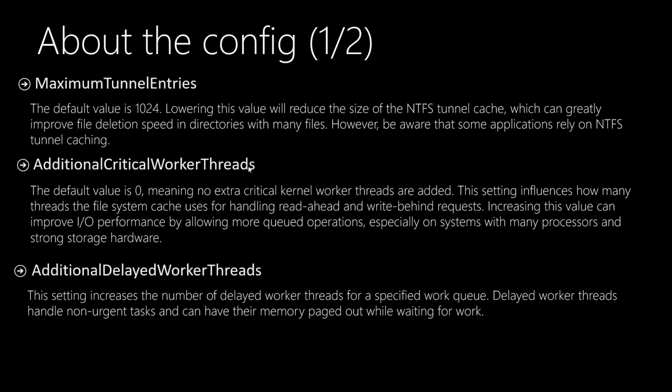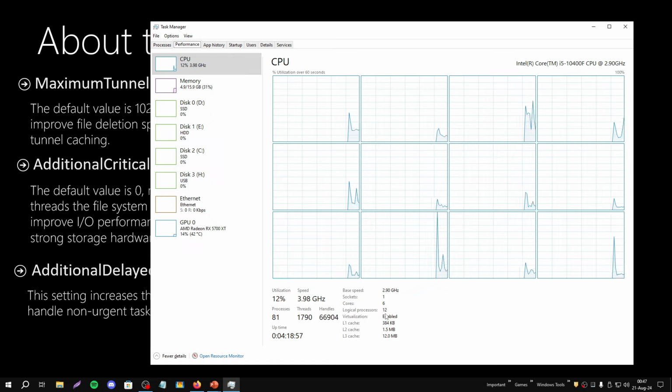About the additional critical worker threads, first of all, before we explain it, those two configs are related to the logical processors. By default, those two features use only one logical processor. We want to use all those processors to improve the efficiency of our system and speed up some tasks of Windows.